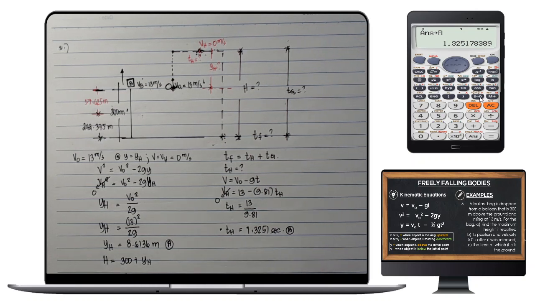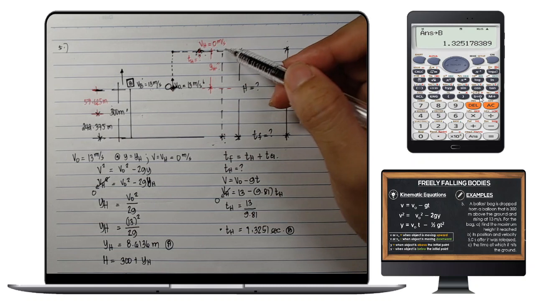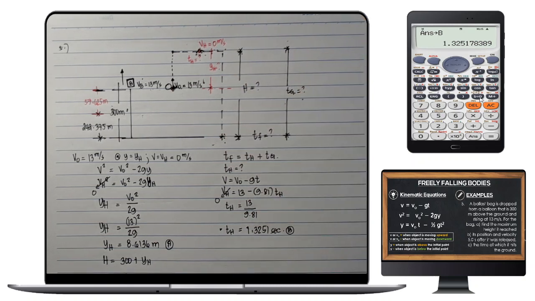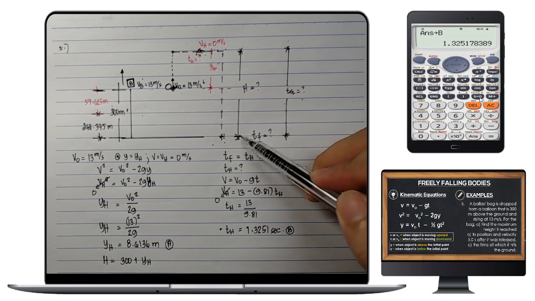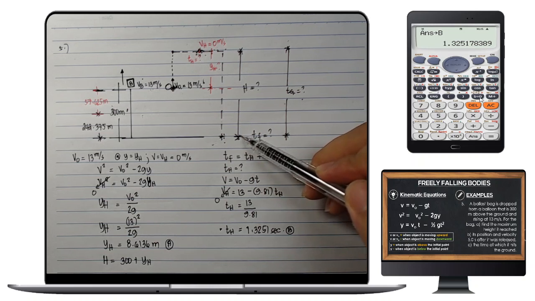Then, hanapin natin si T sub G. So, from maximum height going downward. Okay? So, with that, hindi natin alam ano yung magiging velocity niya when it reach the ground. So, pwedeng isolve natin or pwede din naman na hindi na.